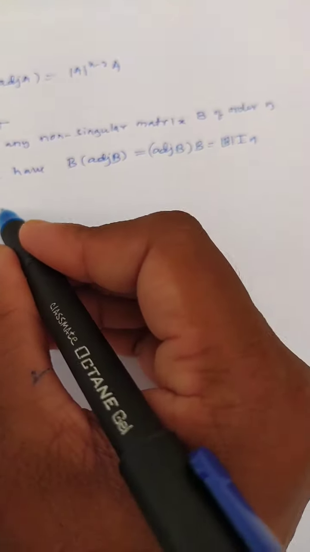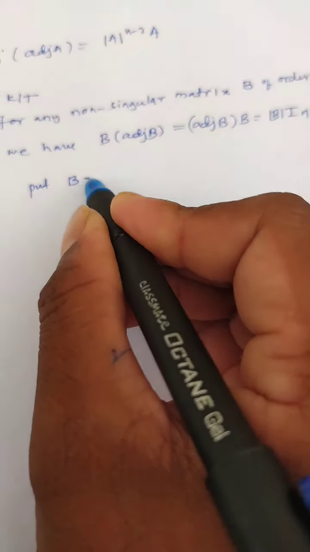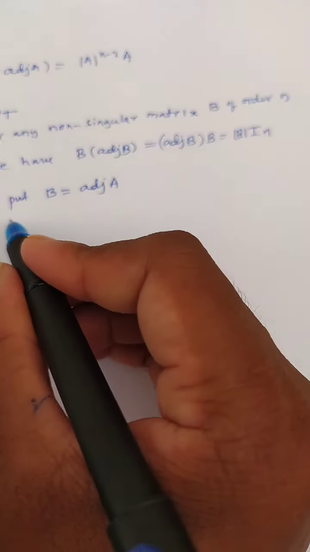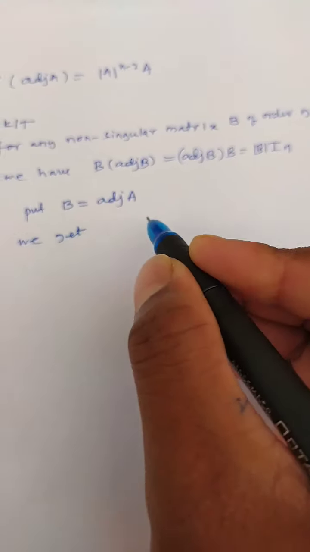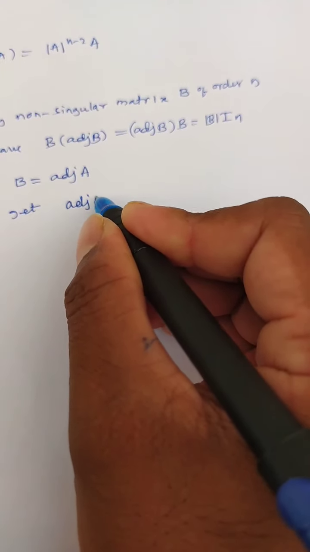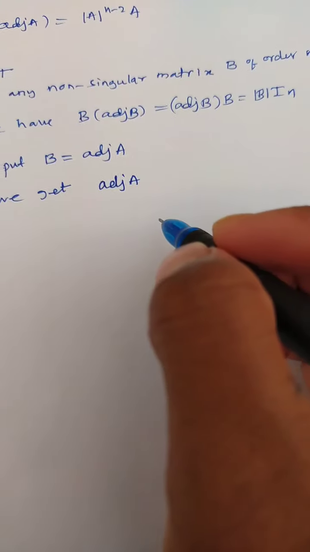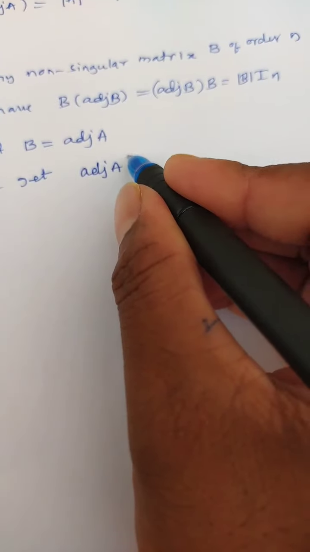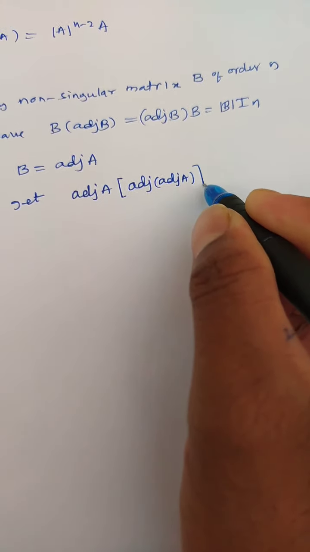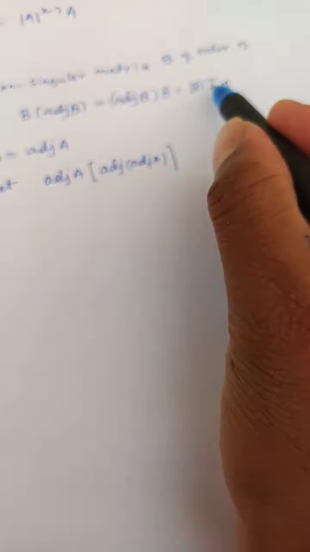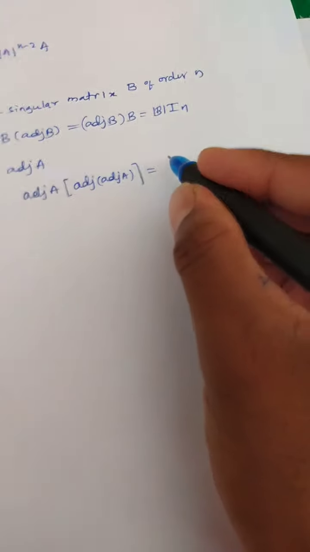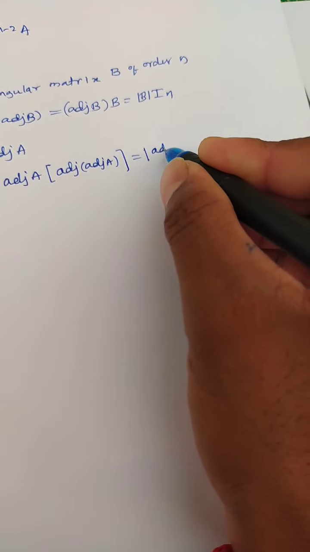So by taking B, here I am putting capital B equal to adjoint A. In this equality I am putting capital B equal to adjoint A. Then we get adjoint A into adjoint of adjoint A. I am taking only this equality, the first one and the last one. So in place of B we are replacing adjoint A.